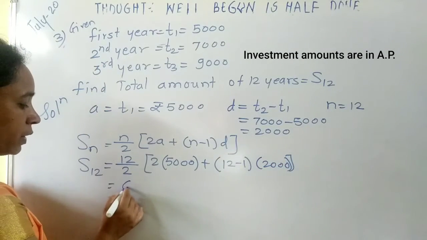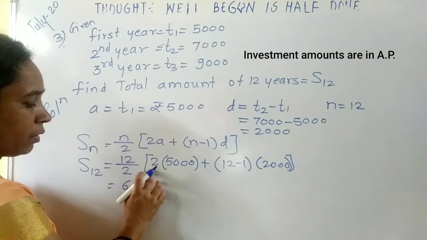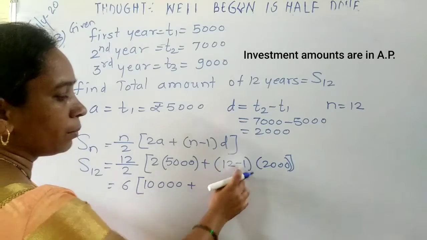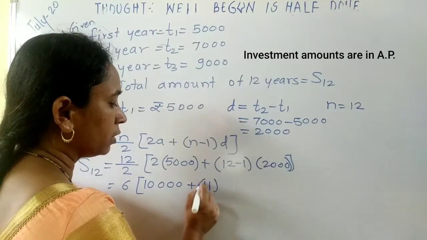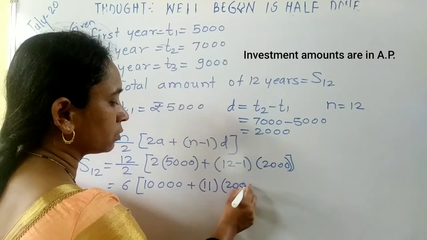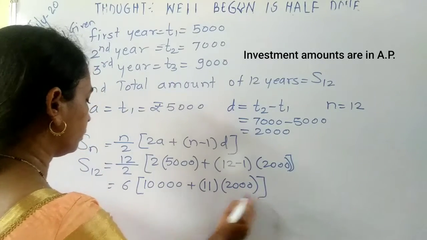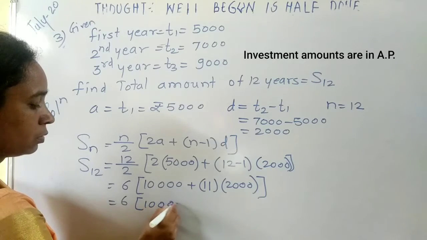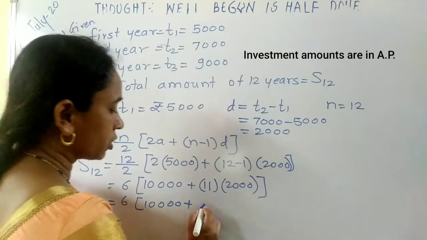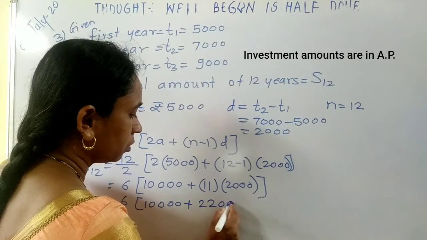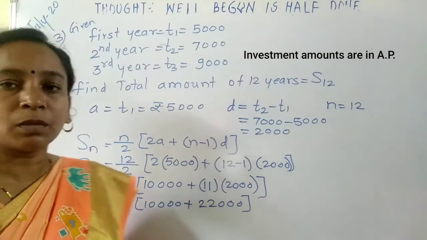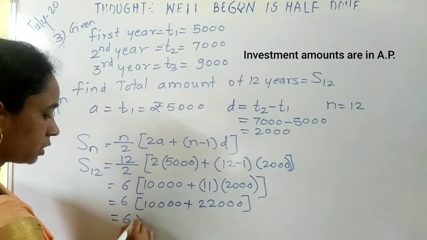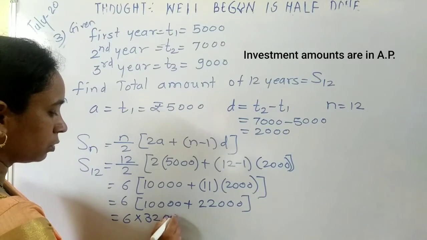Here it is divisible, we can divide it. 5 2s are 10, 10,000 plus 12 minus 1, it is 11, and this should be multiplied by 2000. We will get the answer 6 into 10,000 plus their multiplication would be 22,000. 10,000 plus 22,000, that means here we will get 6 multiplied by 32,000.